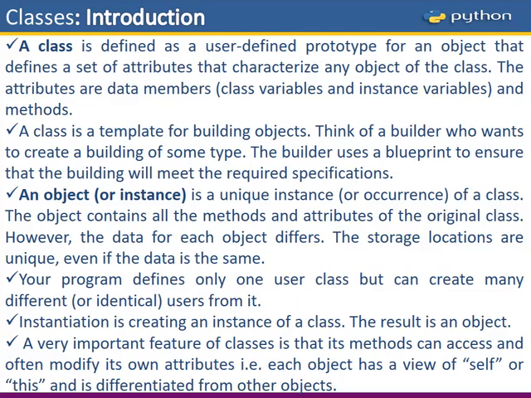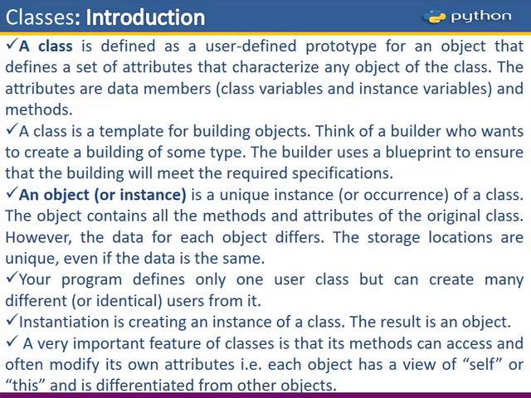I said earlier that it's like a blueprint for creating objects. The attributes are data members, that is class variable and instance variable. We have two types of variables, which we are going to look at as we go on in our lecture: class variable and instance variable.